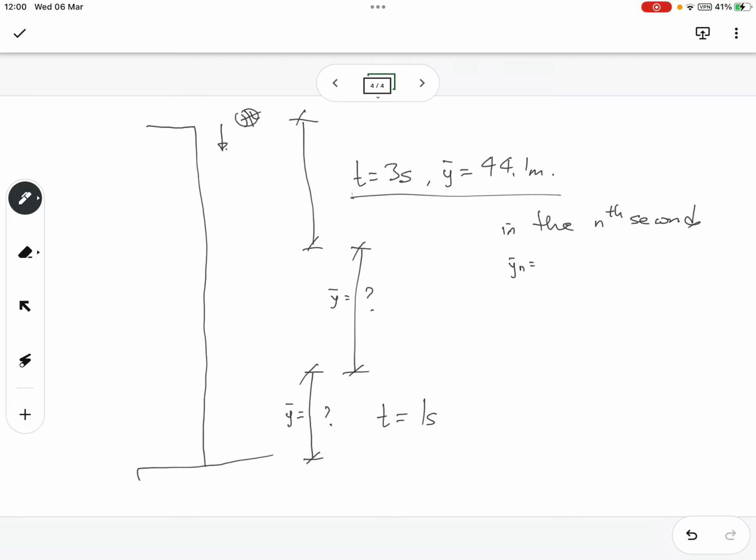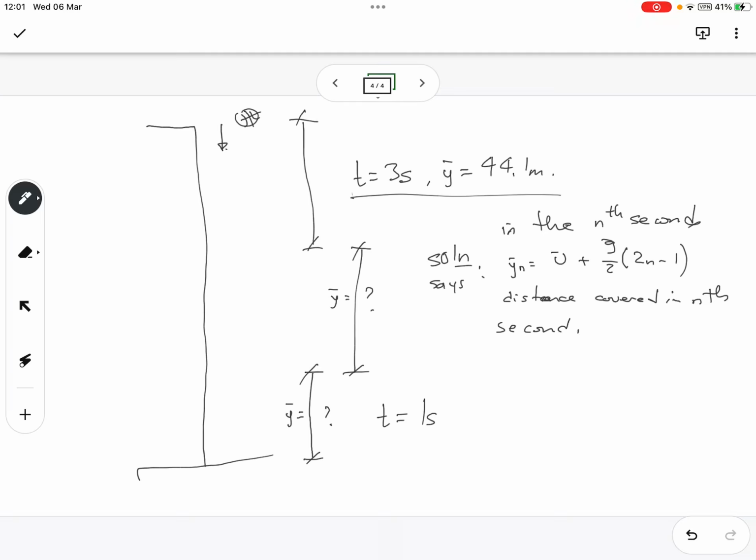I think that's because the solution says y equals u plus g over 2 times 2n minus 1, which is distance covered in nth second, right?